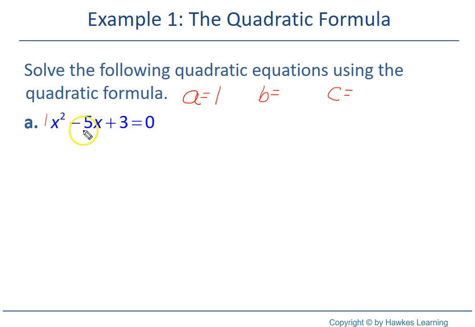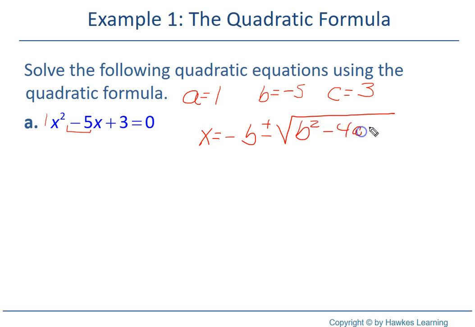Our B value, including the sign, is a negative 5. And our C value is 3. Now the formula is x equals negative b plus or minus the square root of b squared minus 4ac, all of this over 2a.